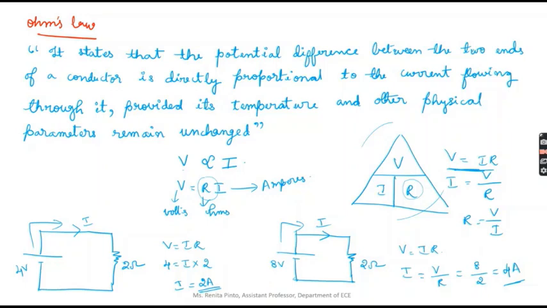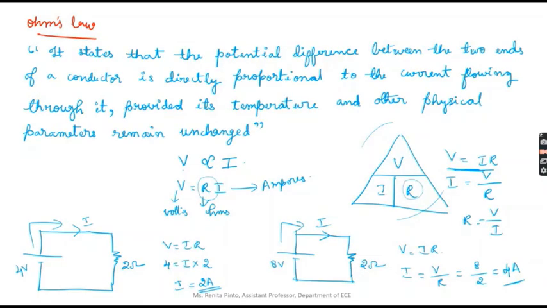Next let us see the limitations of Ohm's law. The first limitation: if you go back to your Ohm's law statement, they have clearly mentioned that the temperature and the physical parameters should remain unchanged.